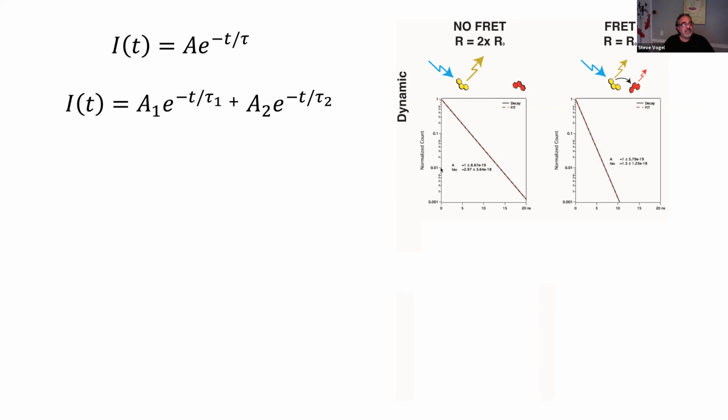I can fit it to this double exponential decay model. And tau 1 would be 1.5, and tau 2 would be this 2.97. And the relative amplitudes would tell me how much of each one is there in my sample. And if it was 50-50, then this would be 0.5 and that would be 0.5 and everything would be great, right? And that's all true.